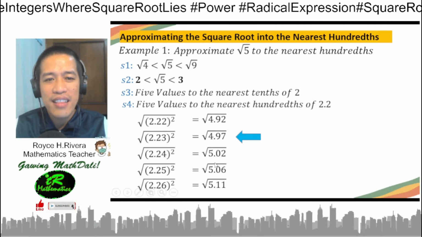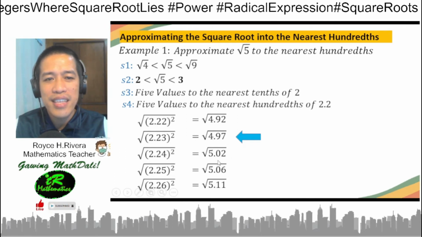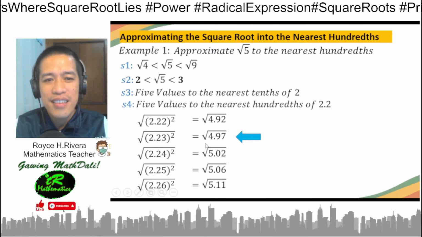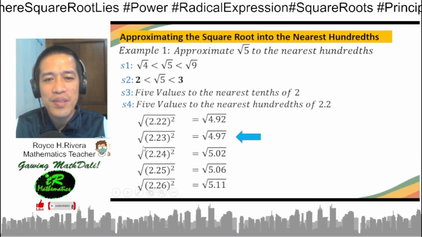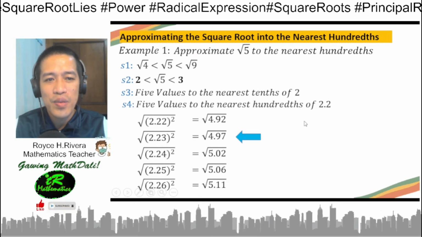So we will not get the square root of 5.02 because it is over square root of 5. The square root of 4.97 is equal to the square root of 2.23 quantity square.